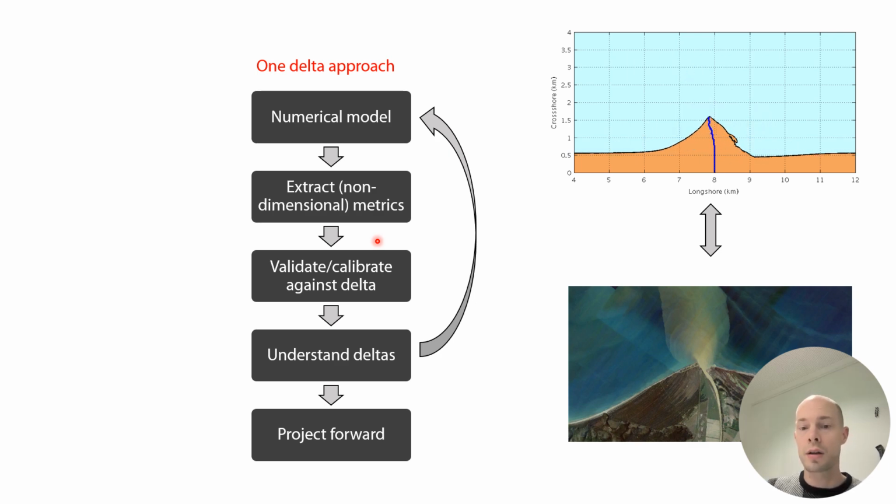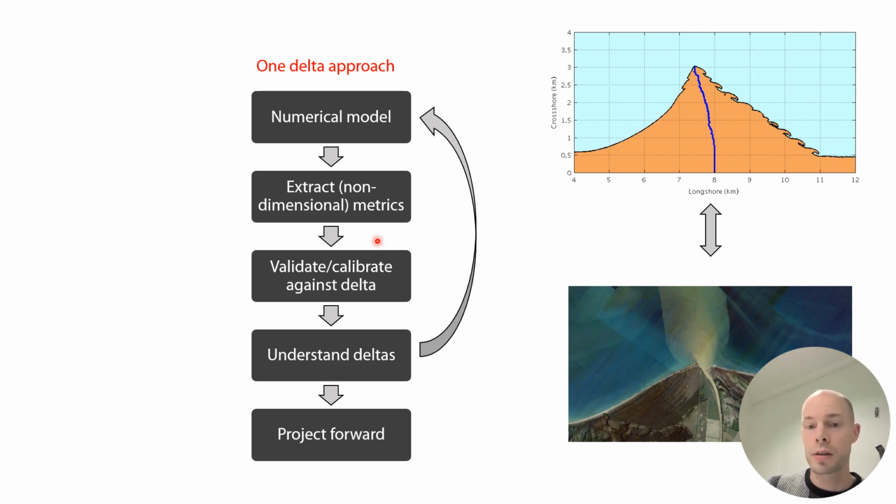And you use that to understand both when it works, so what kind of parameters are likely operating at this delta, but also to understand the misfits. So where does the model fail? And in that loop, you can adjust your numerical model and repeat this exercise. And hopefully, when this works out, you are able to project forward and perhaps assess delta change.